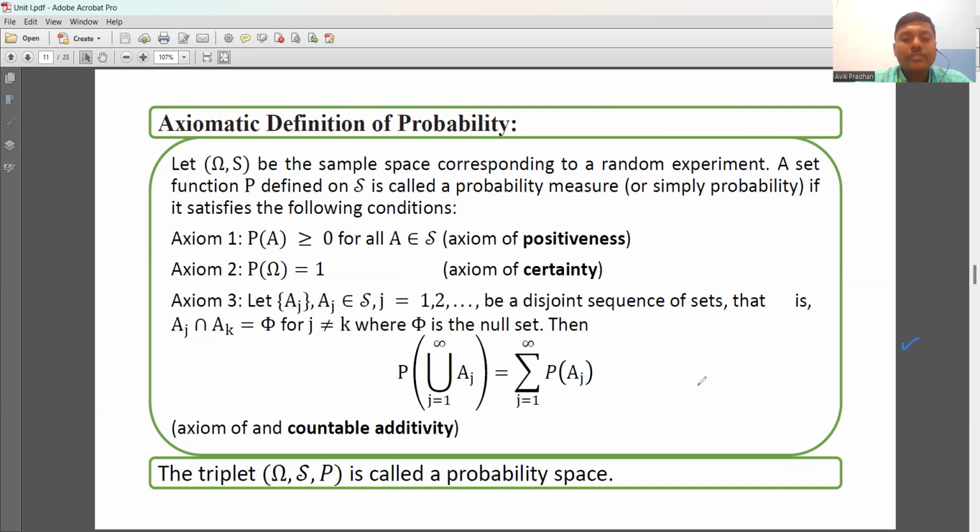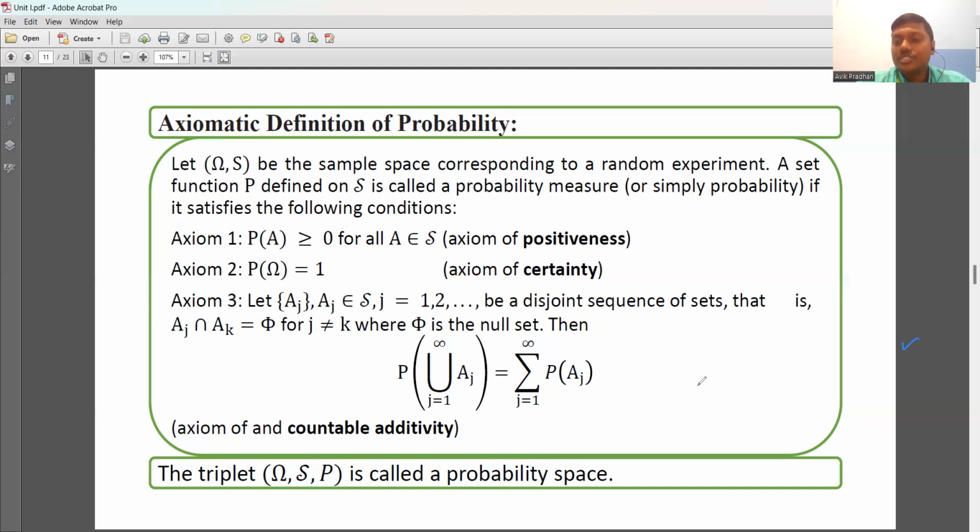And the third axiom says that if we have a sequence of mutually exclusive events, then the probability of the union of the events will be equal to the summation of the probabilities of the individual events. This axiom is known as countable additivity.